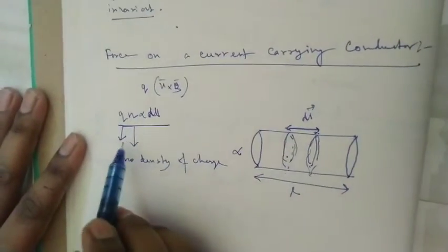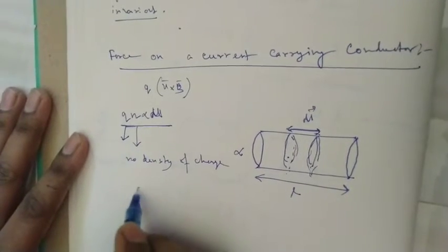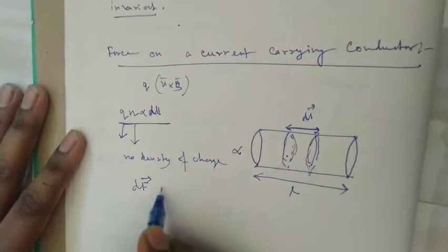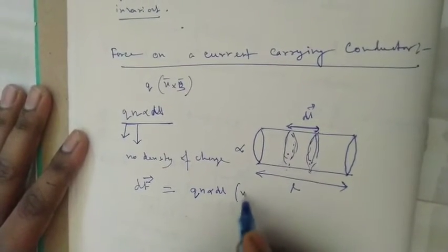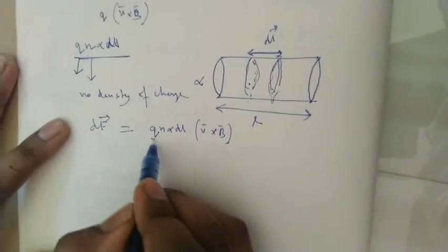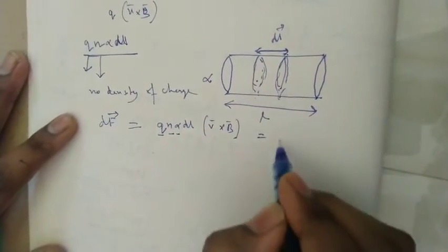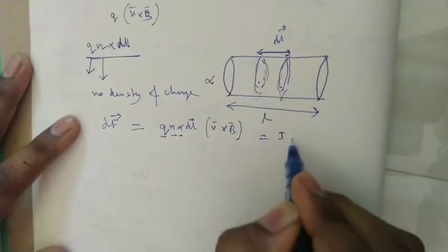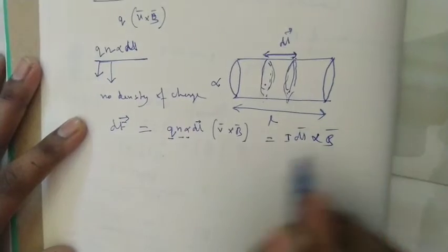Now the force experienced by this number of charge carriers is dF equals n alpha dl times q v cross B. In this expression q, n, alpha are all constant, so we can represent this as I dl cross B. What is I?